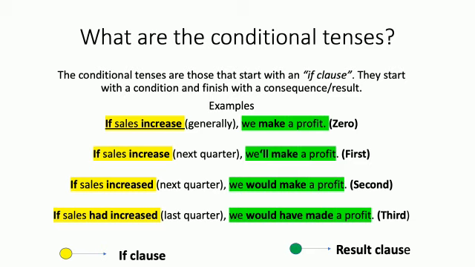If sales increase next quarter, we will make a profit. Of course, you know that a quarter is what we call in Arabic الثلاثي. And we know that a fiscal year, السنة المالية, as in Arabic السنة المالية يعني تحتوي على 4 ثلاثيات.